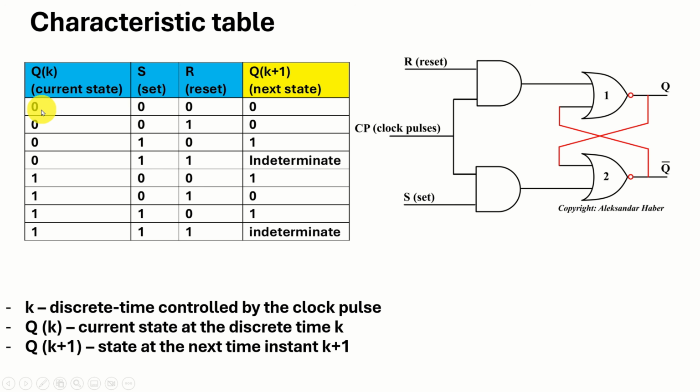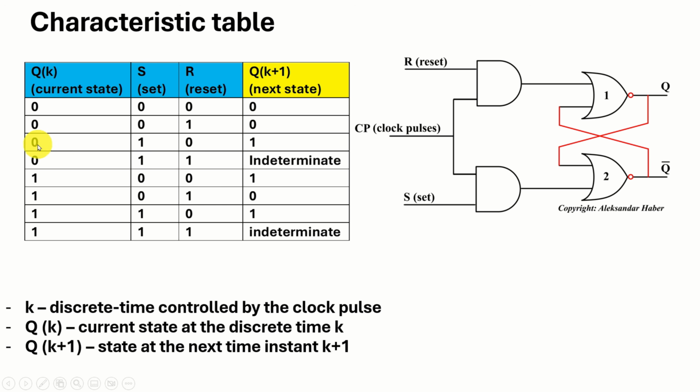When the current state is 0 and when the set and reset inputs are 0, obviously the next state will be 0. Then, when the current state is 0, set is 0 and reset is 1, we don't change the next state. That is, the next state stays 0.